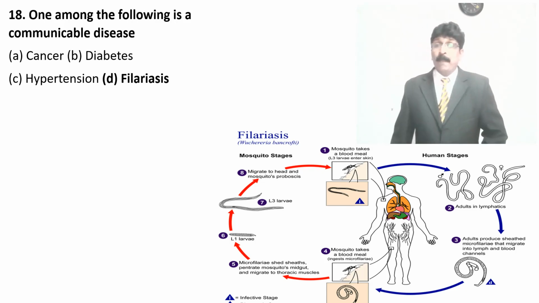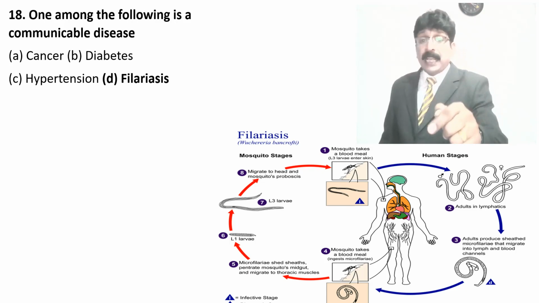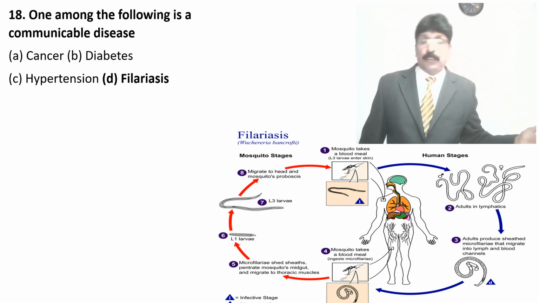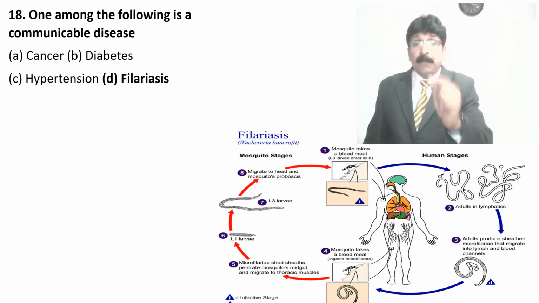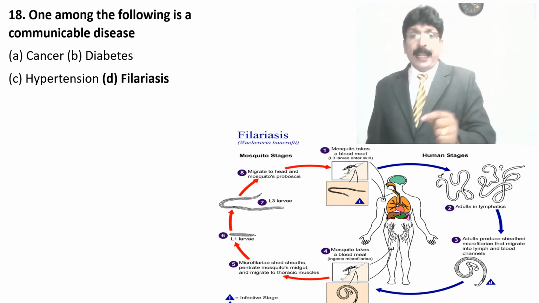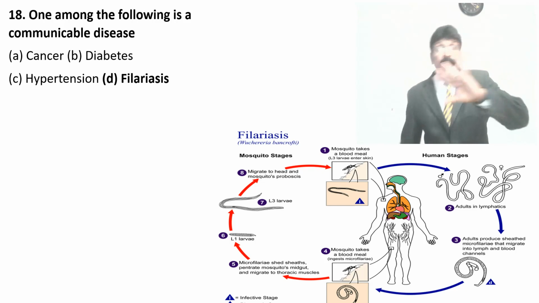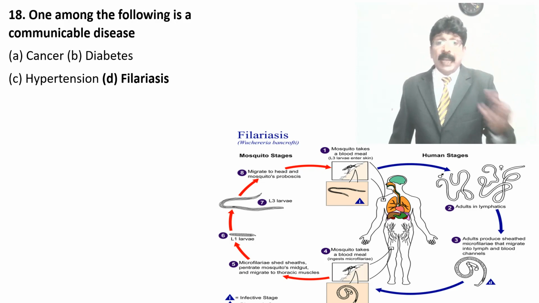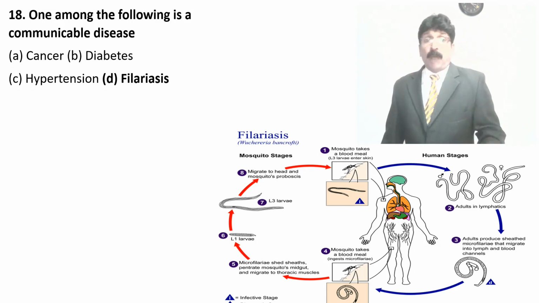The blood has developed, and the mosquito, when it bites in the fourth stage, takes the blood from the human, and it can bite another human also. So what happens when it bites? It takes the blood as a meal, and the microfilariae lose the sheath, penetrate the mosquito's midgut, and migrate to the thoracic muscle, and become L1 larva, and then L3 larva.